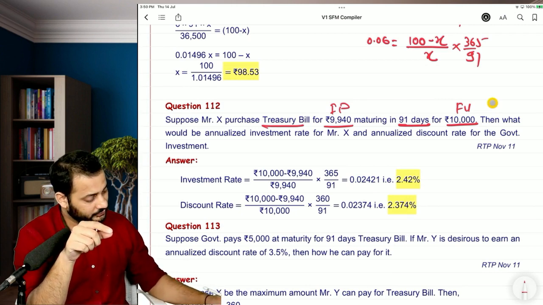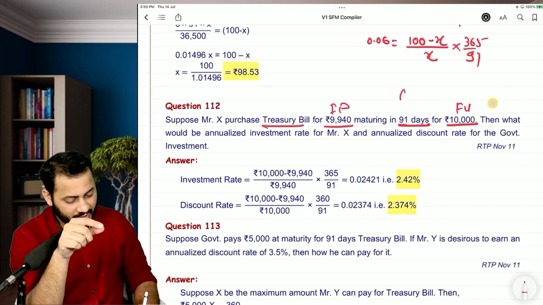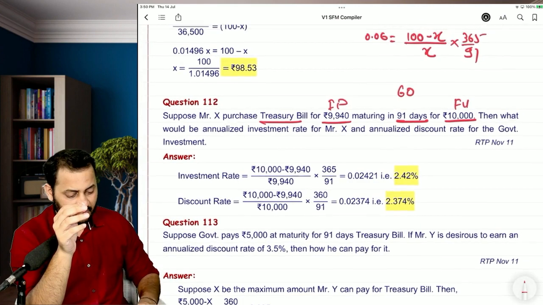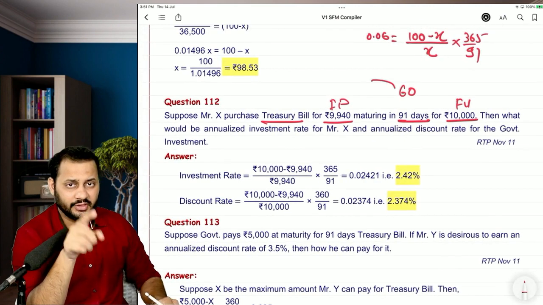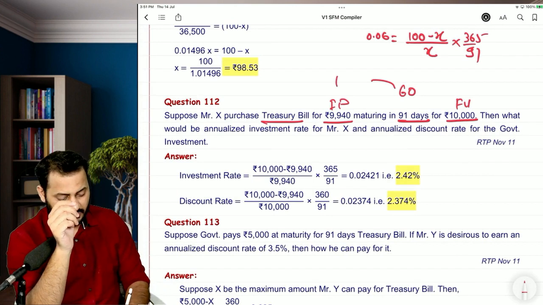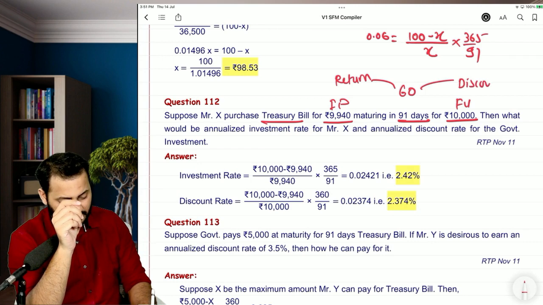Okay, how much? 10,000 minus 9940. So understand, 60 rupees is something which will be a return to the investor and a discount for the bank. So this is return and this is discount.